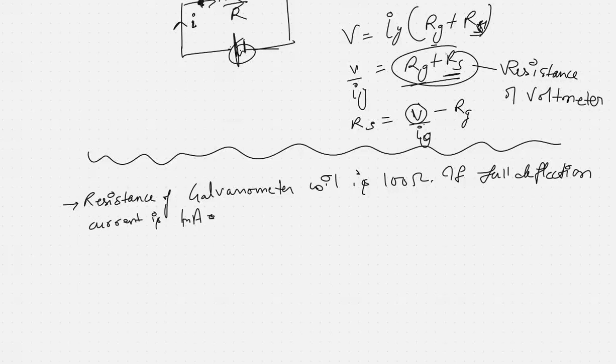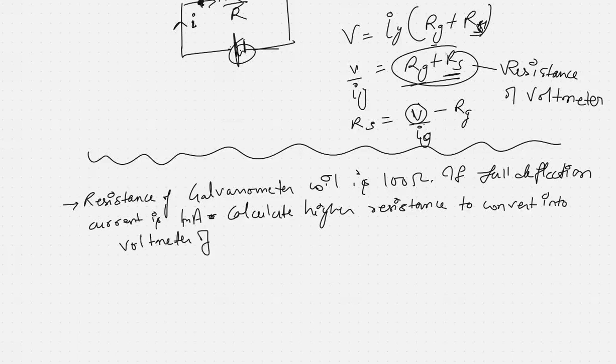Calculate the required resistance to convert it into a voltmeter of range 5 volt. Basically, you are given a galvanometer with this configuration, and the full deflection is also given for this amount of current.